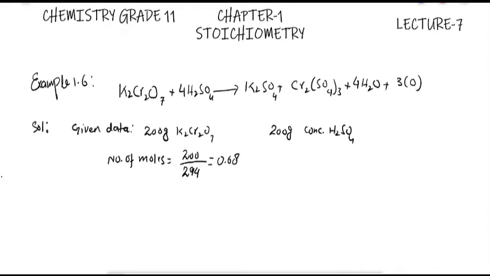And from this, the number of moles is equal to 0.68 moles. So what we are given are 0.68 moles of potassium dichromate, and these are to be reacted with 200 grams of concentrated sulfuric acid.